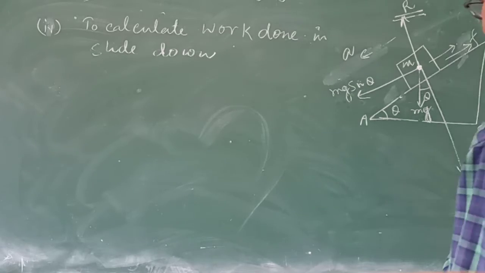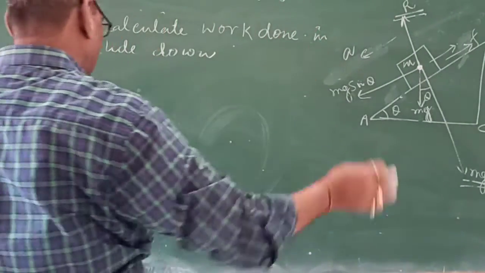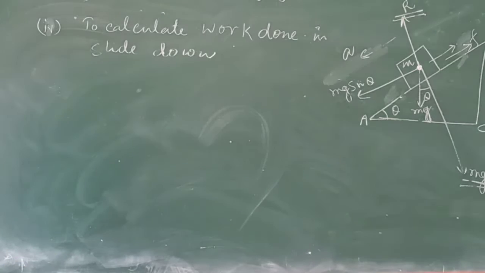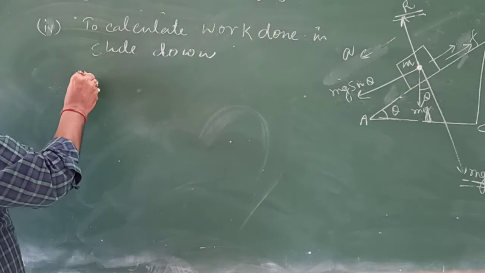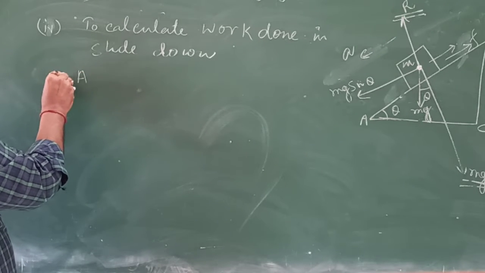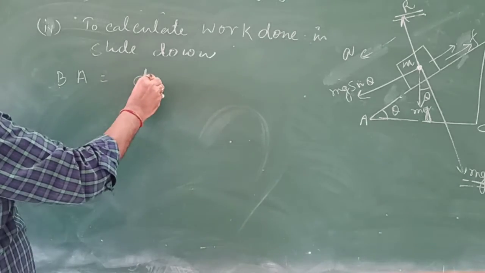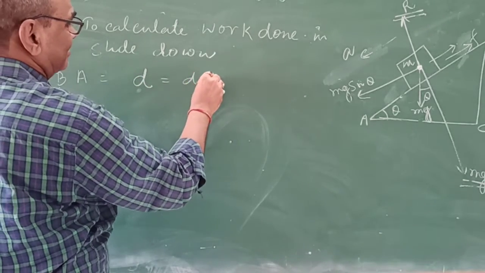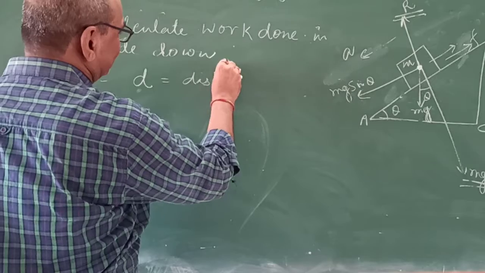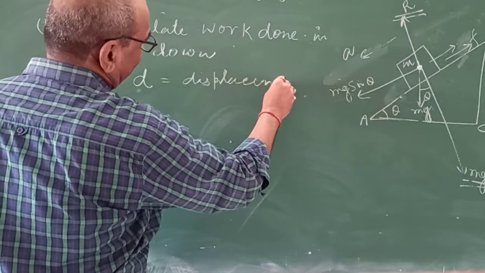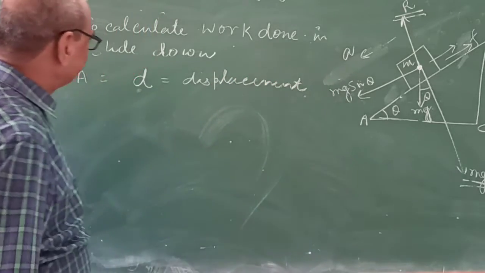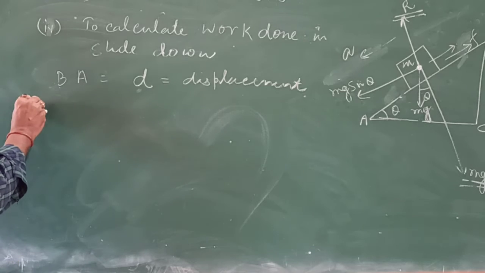In the opposite direction, according to the law. Therefore, the block is moving D to A. It covers a distance equal to d. That is the displacement. Work done is equal to force into displacement. How much is the net force?